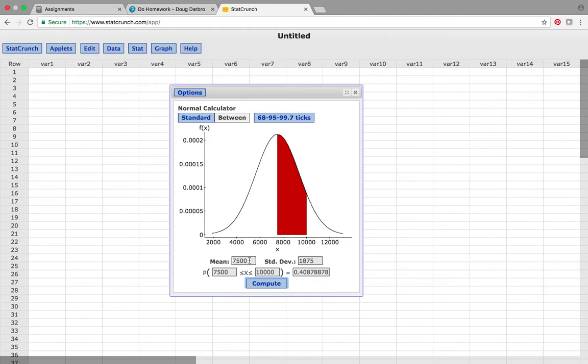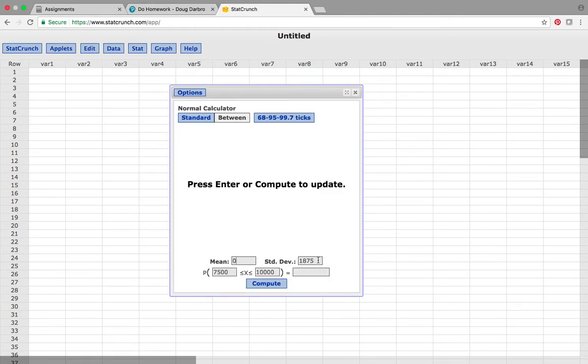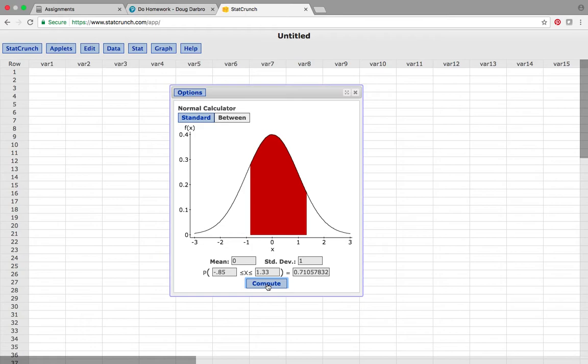So remember that, 0.4088. But since I found the z-scores for each of these, I could also go mean 0, standard deviation 1, and put in the negative 0.85 and the z-score for 10,000, which is 1.33. And you'll see that I get something completely different. Why? What did I do here?